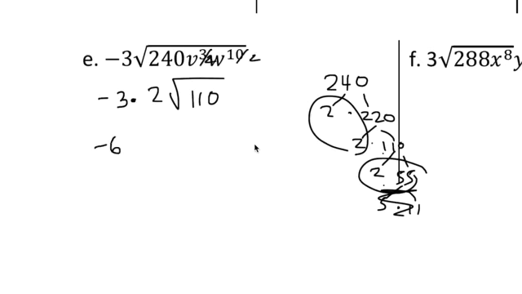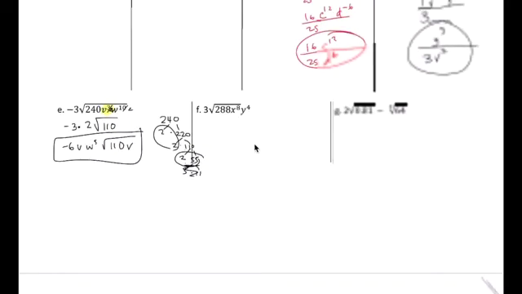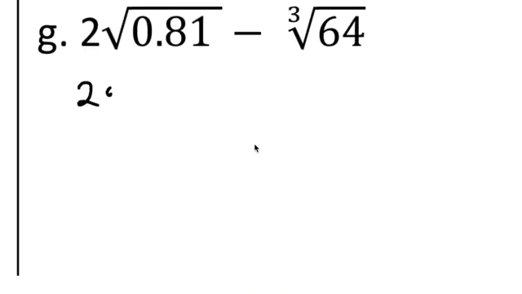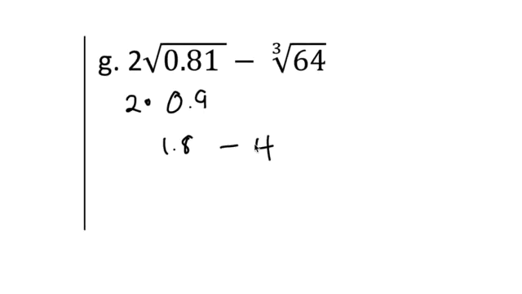So we got negative 6v w to the 5th, 110. What's left is one of the v's. Okay, that's how you do those. Make sure you multiply this by 0.9 here to square root. You get 1.8. Subtract that and get your answer.